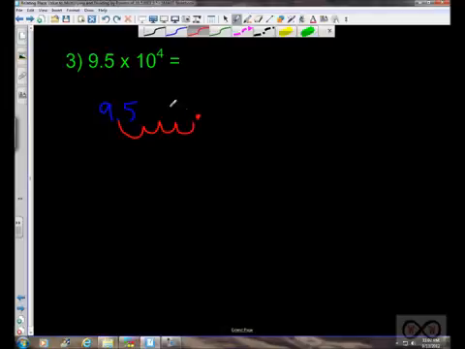Remember, it appears to move, but actually the numbers move around it. Anyhow, so you've got this number. You start at the decimal point, count 3 over, and put in your comma. You should rewrite it. That would be 95,000.